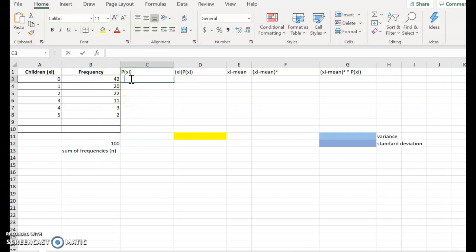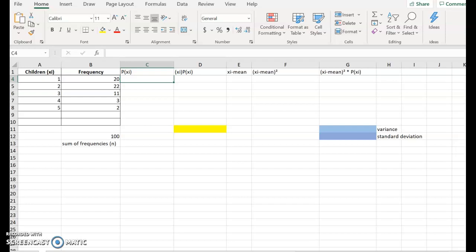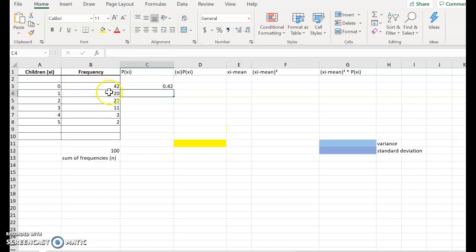To get your P of X of I, the probability of each of these, remember you take the frequency, so you do equals and select the 42, and you're always going to divide it by 100. Each time it's going to take this cell and divide it by 100.